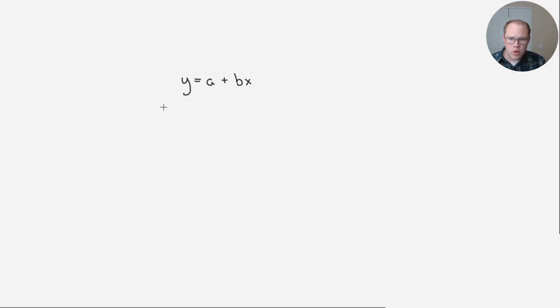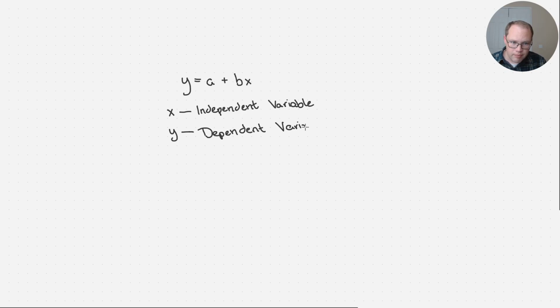So here, x and y are your variables. We call x the independent variable, and y the dependent variable. And a and b are just constant numbers.